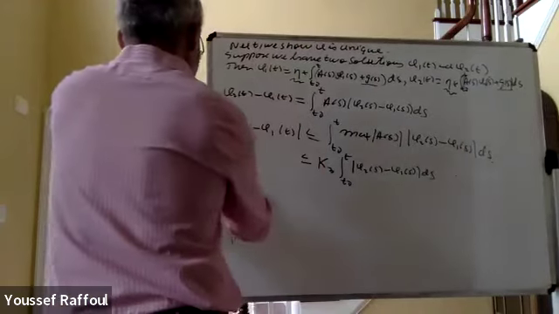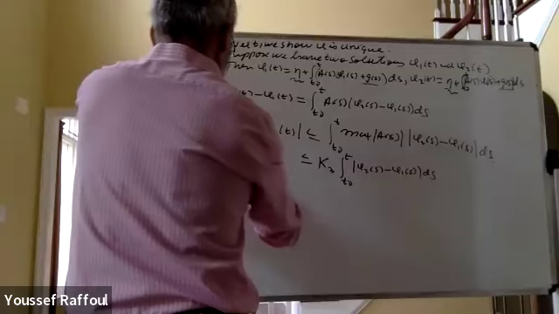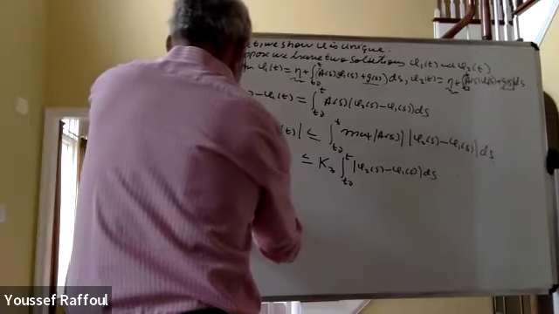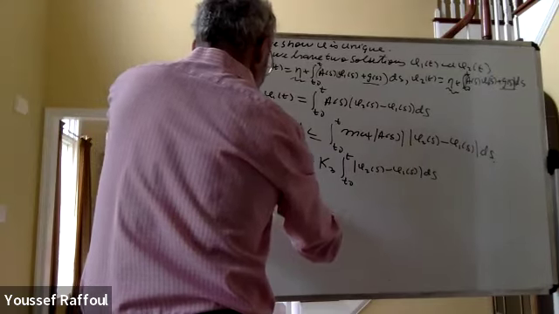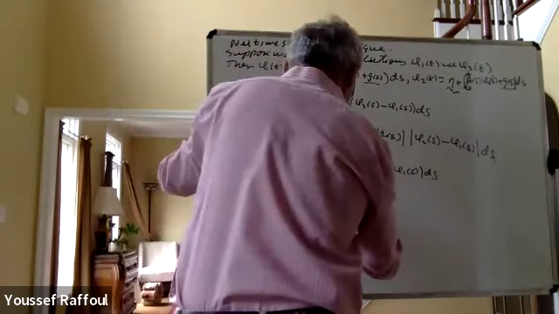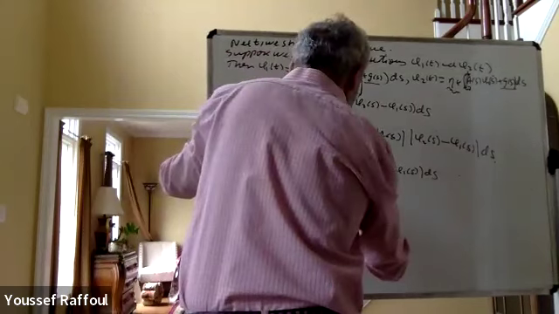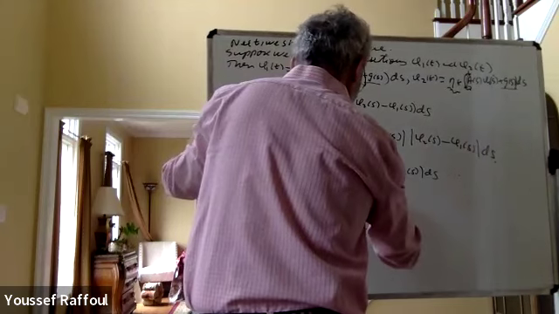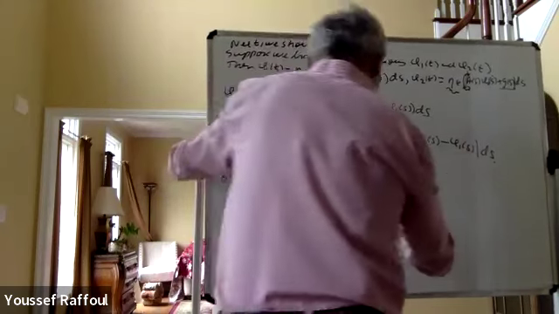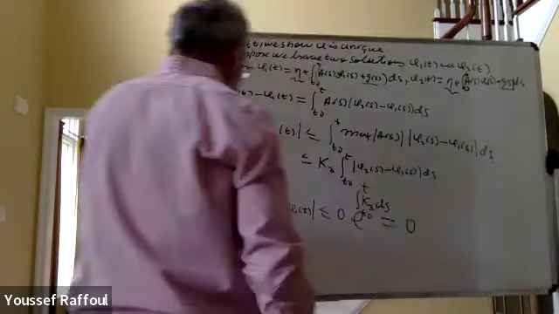And so by Gronwall's inequality, I have phi 2 of t minus phi 1 of t less or equal to 0 times e to the K3 (t naught to t). So that is equal to 0.